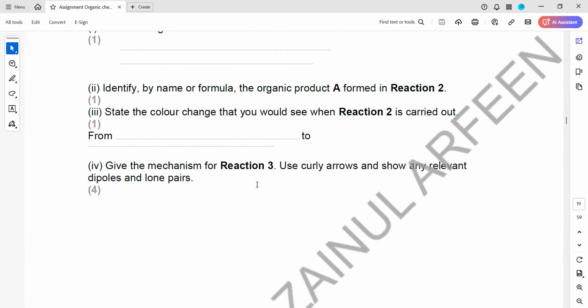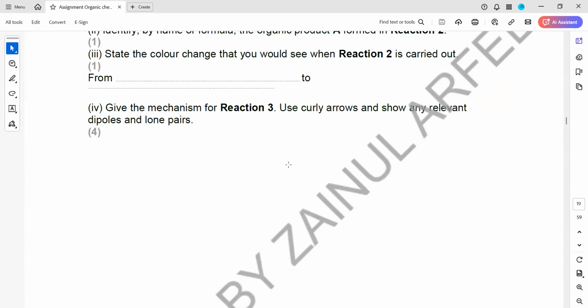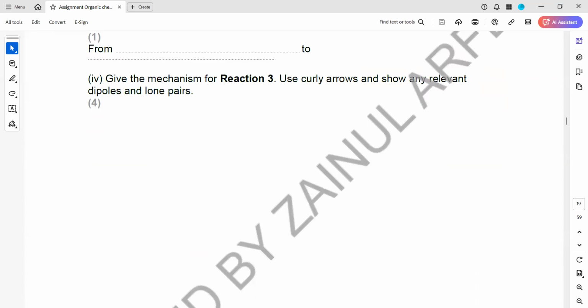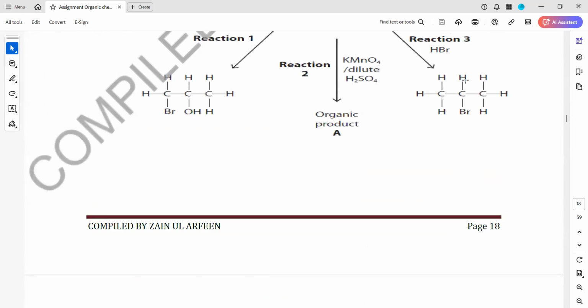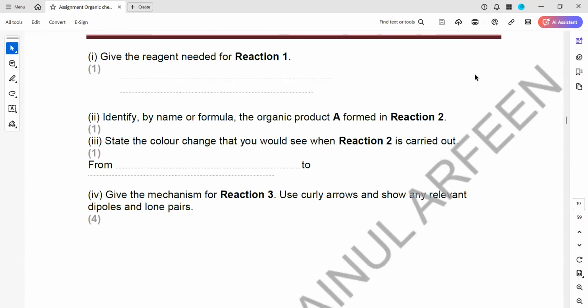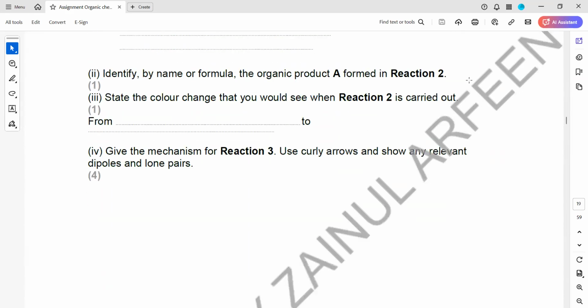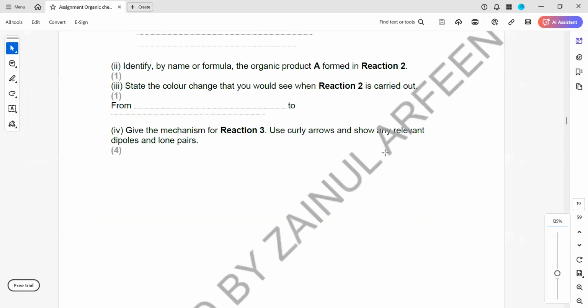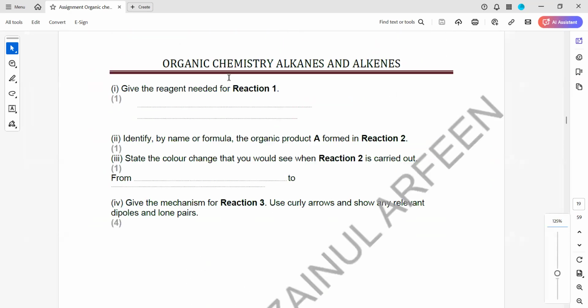Give a mechanism for the reaction 3. Use curly arrows. So we want to show an addition reaction here. Electrophilic addition reaction we have to show with the curly arrows, and the major product. Usually we write for the major product unless they say not for the major product.